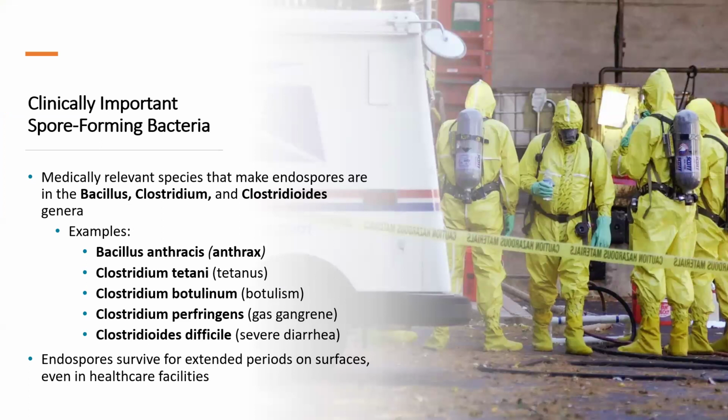For example, we have a couple of different organisms in the Bacillus genus, the Clostridium and Clostridioides genera. So this includes things like anthrax, which is Bacillus anthracis, or tetanus, which is Clostridium tetani, or botulism, which is another Clostridium. Then gas gangrene, so like really bad wound infections, that's another Clostridium.